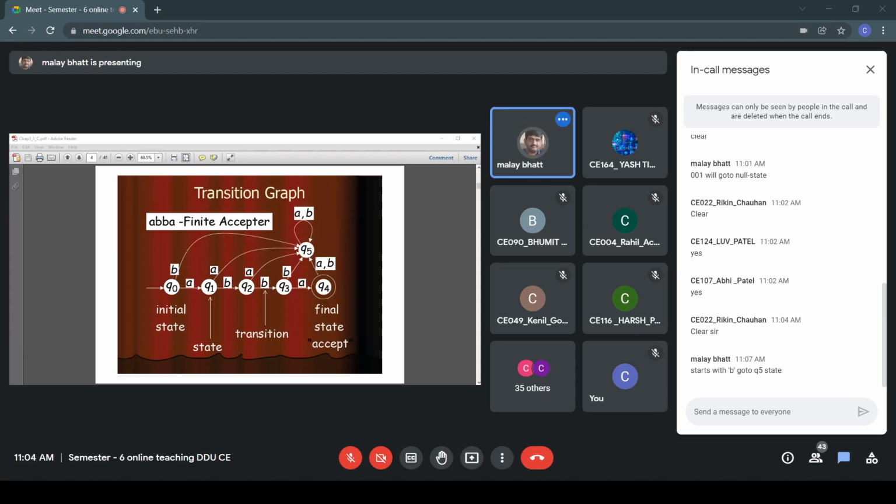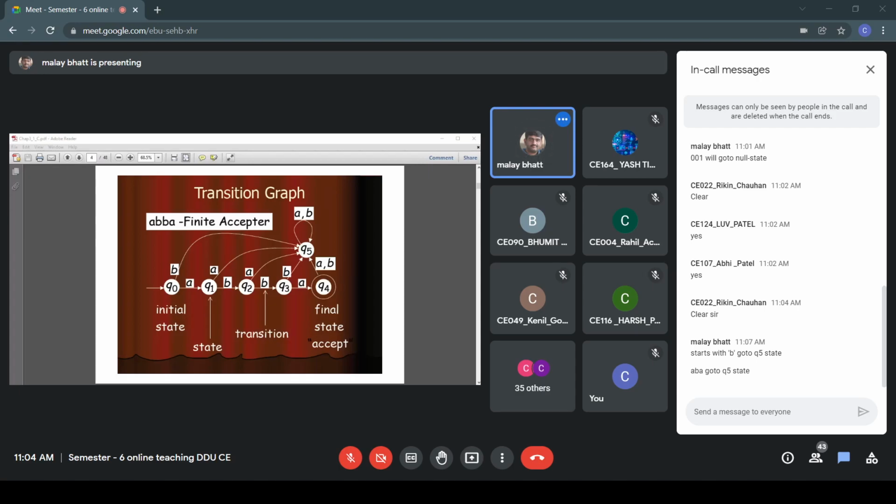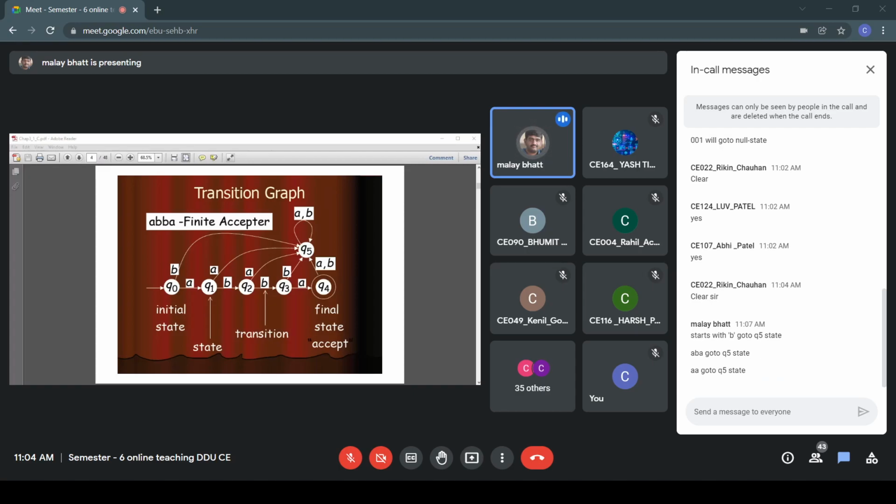Now if the pattern is AA, then again go to Q5 state, which is a dead state. If the pattern is ABA, after AB if we get A, then again go to Q5 state. If it is ABBB, then again go to Q5 state.